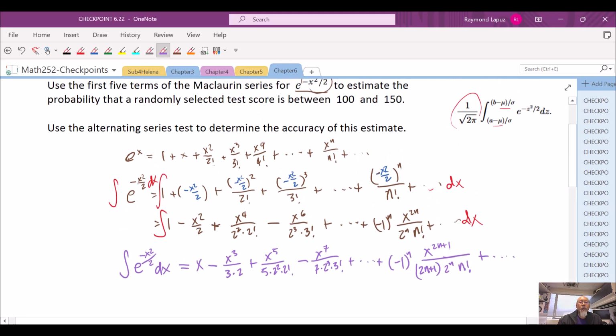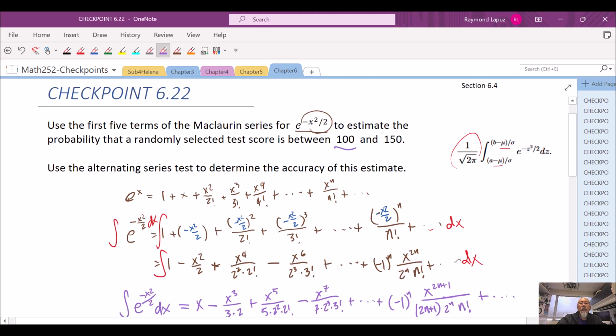They say they want to go from 100 to 150. In terms of analyzing that, if you've taken statistics, it's like the z-score that puts you back down to the standard normal distribution. So our lower limit will be 100. If a is equal to 100, you will have 100 minus mu.